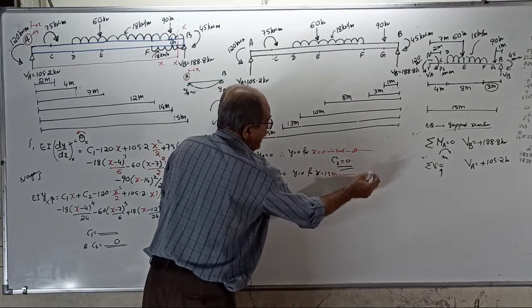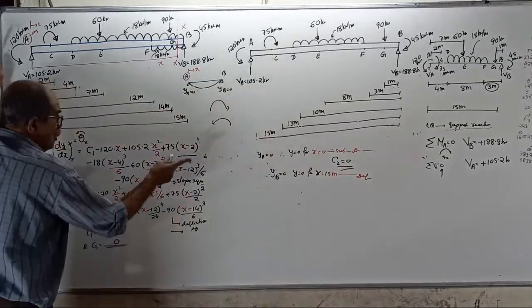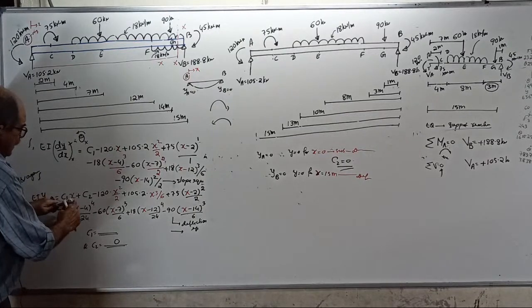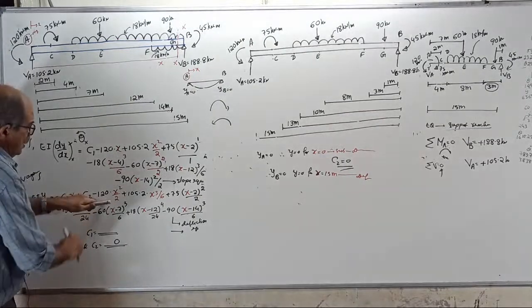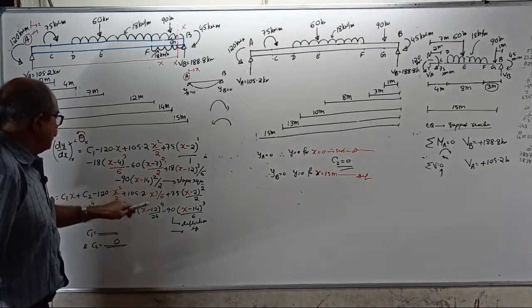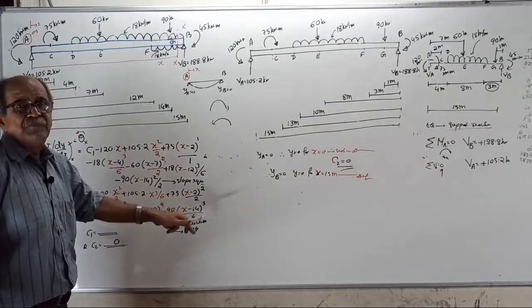Substitute in deflection equation. See now. You substitute 0 equal to C1 into 15 plus C2, which is already 0, minus 120 into 15 square by 2. Now see, when you put x equal to 15, all terms are there.